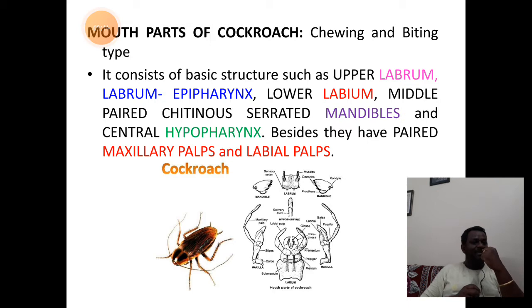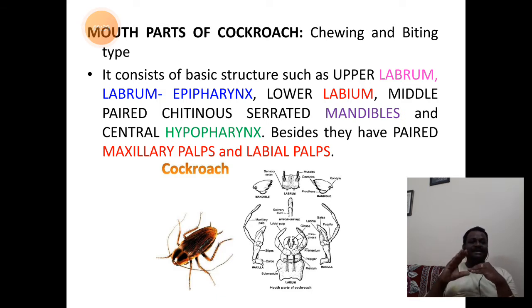So labrum continuing with the pharynx inside the mouth cavity is called labrum epipharynx. Epi means above. So in the pharynx cavity, the upper portion we call epipharynx.